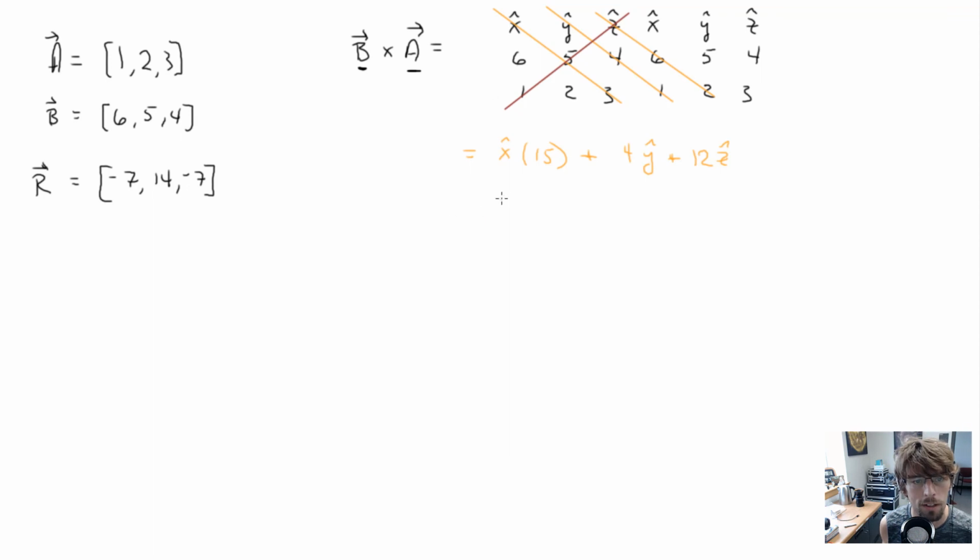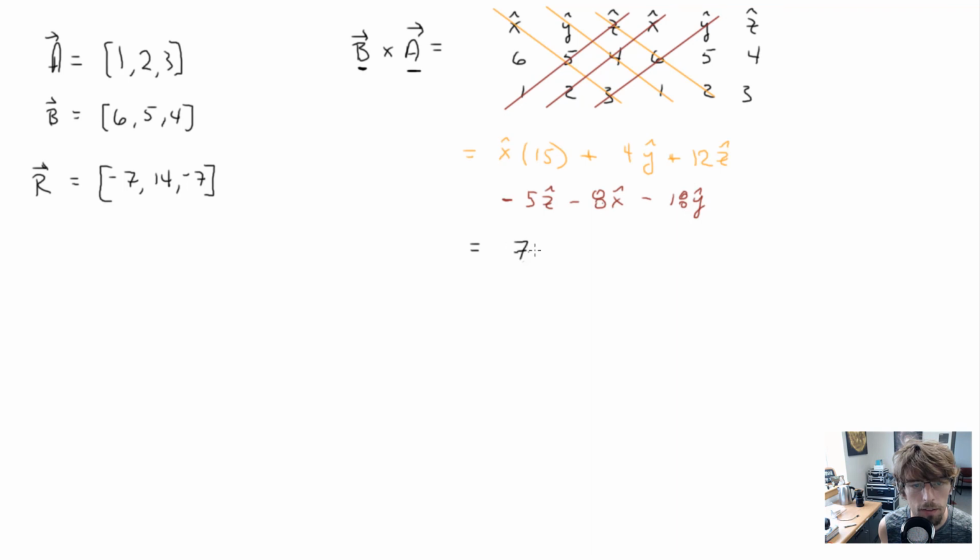Don't forget your minus sign. Minus 5z hat, minus 8x hat. So we draw in our last line and we have a minus 18y hat.